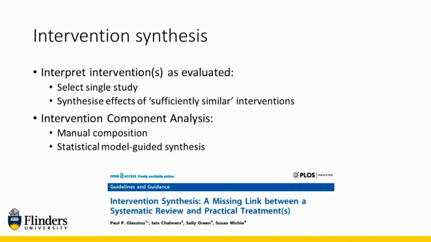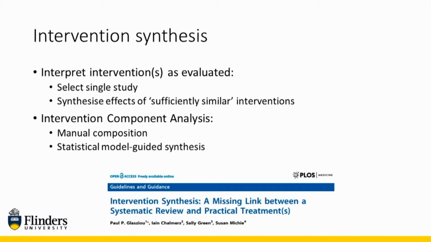So this paper here, published in, I think it was 2014, provides a really nice overview of the methodology. But essentially, you look at the evidence as a whole and you make a decision about how you're going to interpret and synthesize that evidence. So it may be that you review the evidence and you say, there's one study that's head and shoulders above all the others. We're going to use that as our basis to inform our potential intervention.